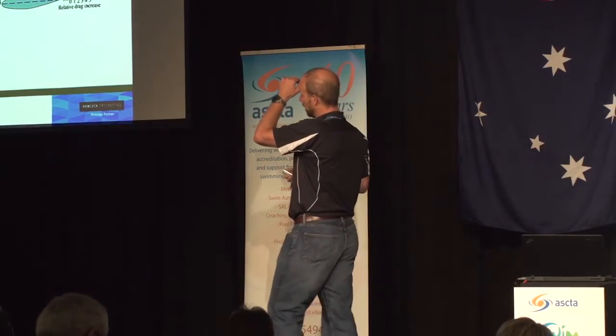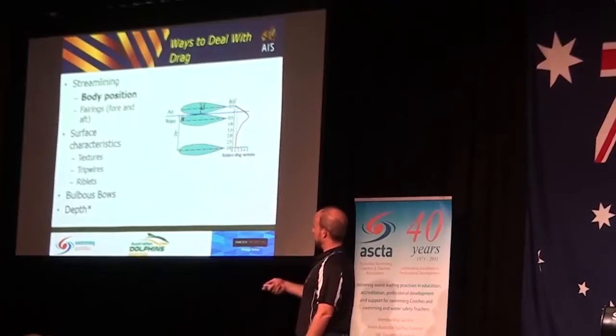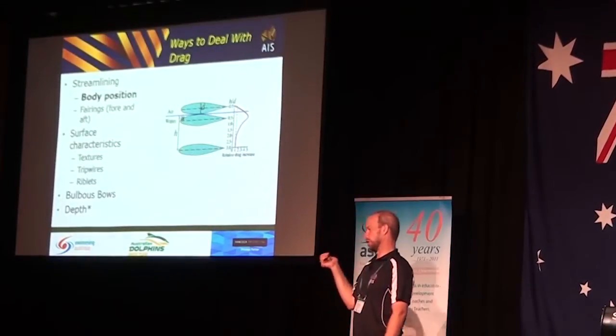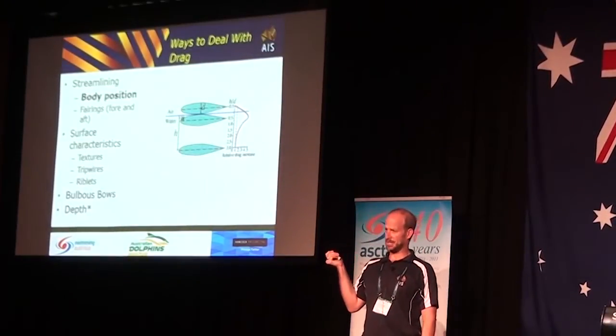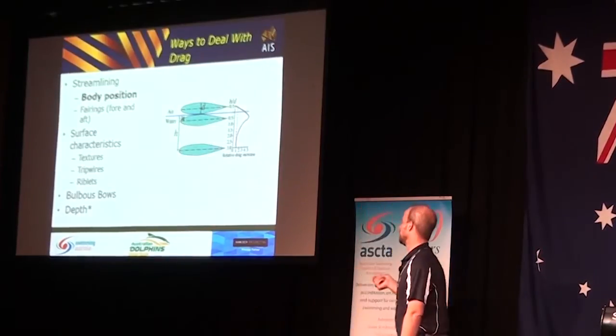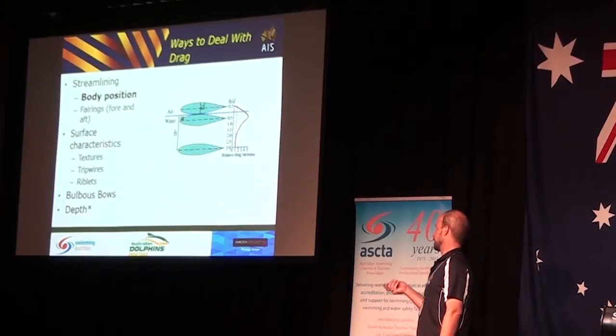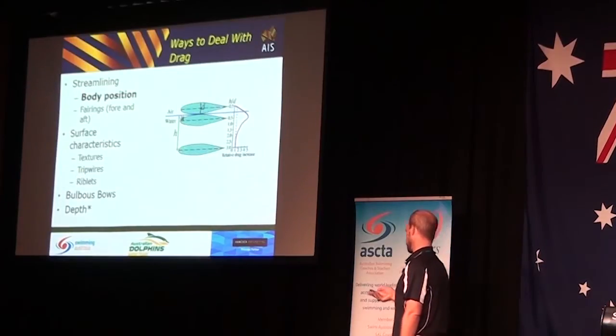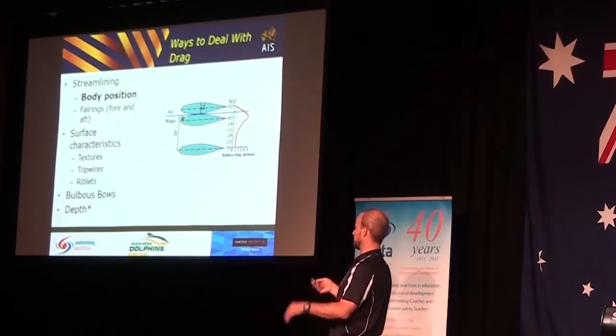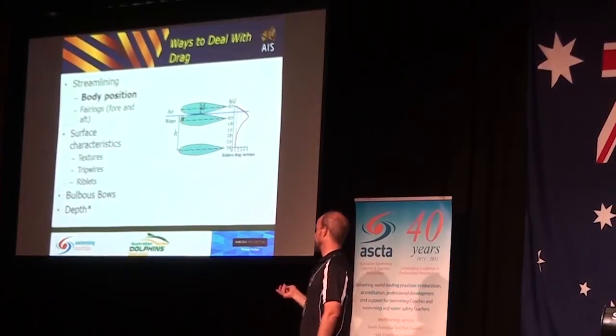Obviously you want to come off the wall and get through that initial bit of turbulence, but to stay down, if they're not actually a good kicker, is pretty much going to be a waste of time, okay? Largely because it's wasting energy to move slower than you could be if you were on the surface. There's a bit of optimization on that, but as a general rule, that's the case.